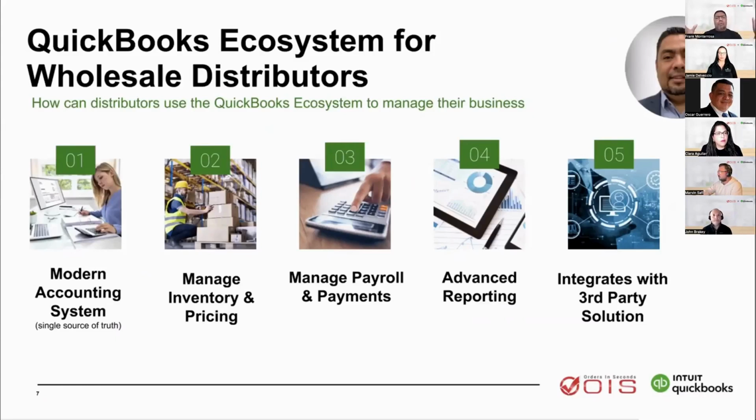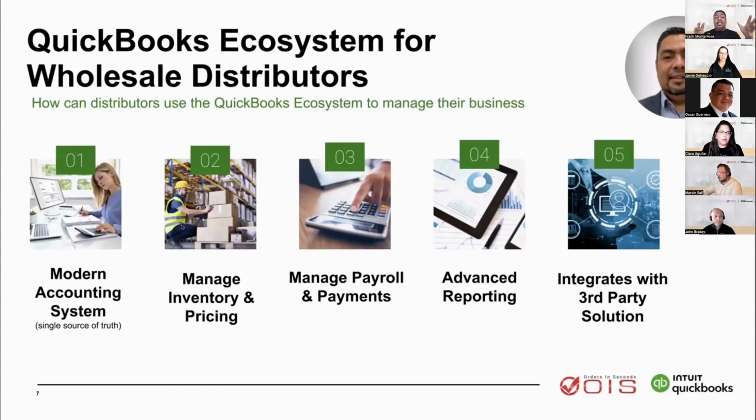And secondly, we've been working with QuickBooks for so long, more than 15 years, and we have noticed that QuickBooks has been implementing new functionalities. One of those functionalities in QuickBooks Online is inventory and pricing management. QuickBooks simplifies inventory handling and pricing, and these are particularities that may come up in the distribution business.